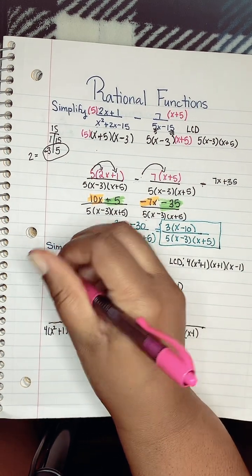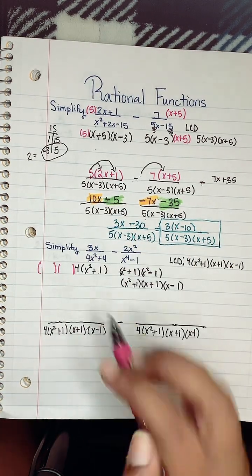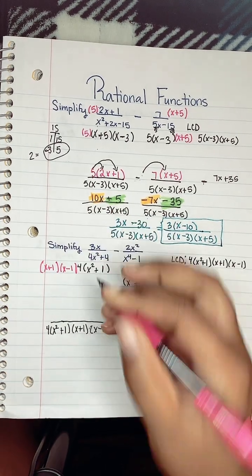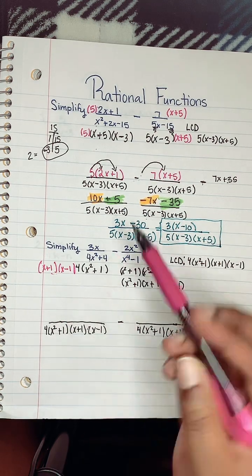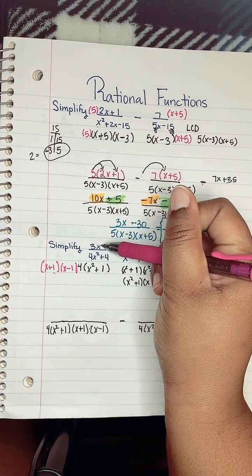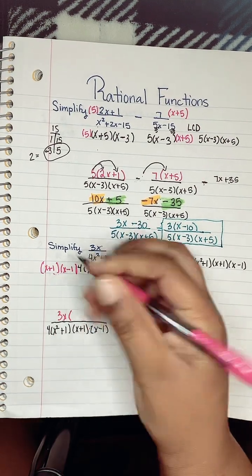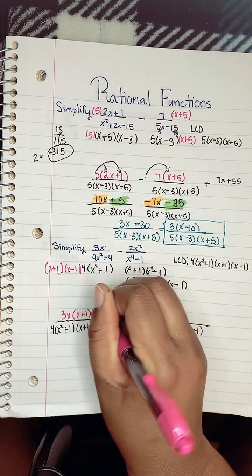So we're going to add this part. X plus 1 and x minus 1. Okay? This is what's missing. But what we do to the bottom, we got to do to the top. So we could rewrite this as 3x times x plus 1, x minus 1.